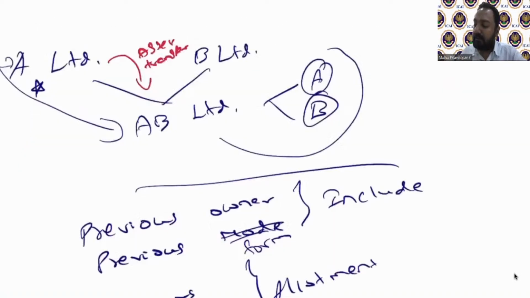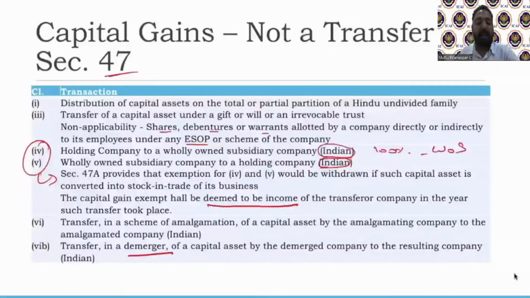In our earlier example, if AB is transferring to A in case of demerger, that is also not a transfer.